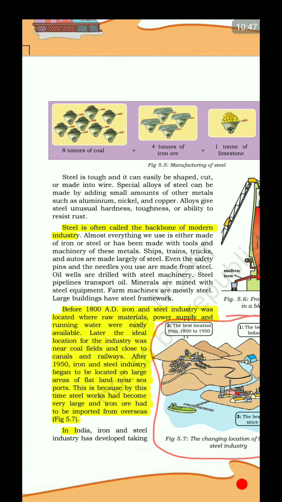Now very importantly, we'll see how the location of the iron and steel industry has changed from time to time. Now, if we see the Weber locational triangle, it says that there is a triangle of the location of the iron and steel industry, and the sites are market, raw material 1 and raw material 2.